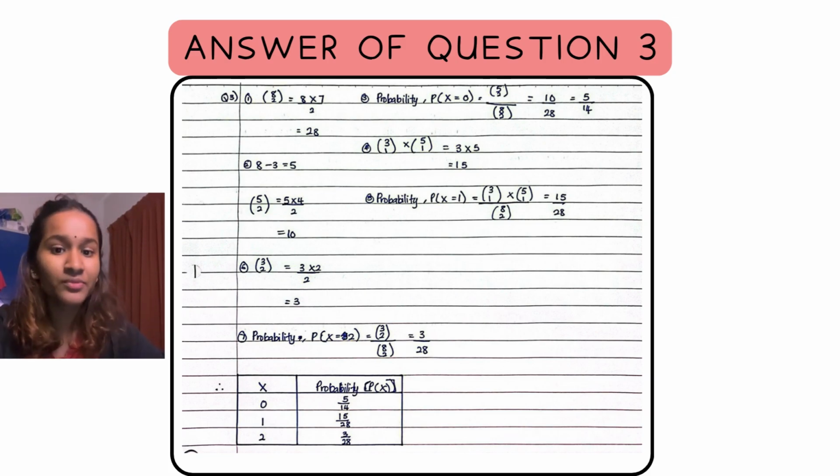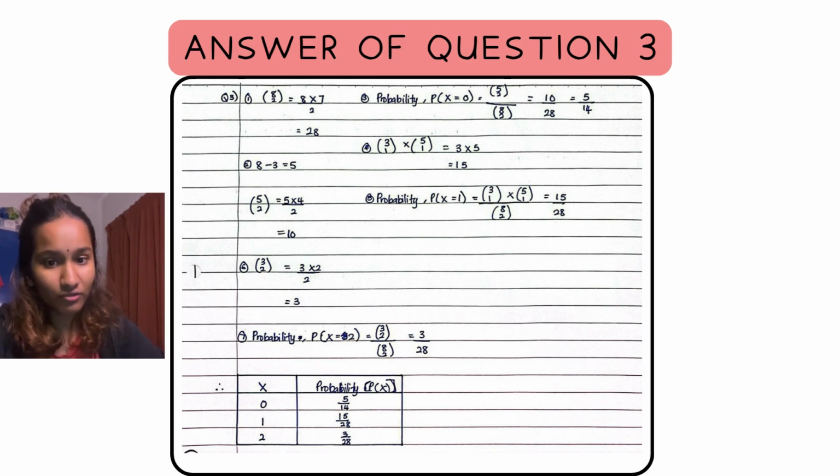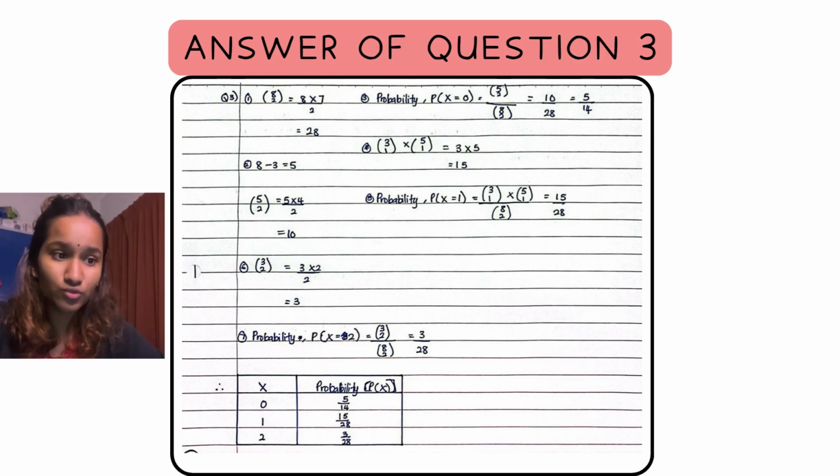Okay, so for question number 3, we aim to find the probability distribution of the number of defective microcomputers in a random purchase of 2 out of 8 microcomputers where 3 are defective. So let's let X represent the number of defective microcomputers in the purchase. The possible values of X will be 0, 1 or 2.